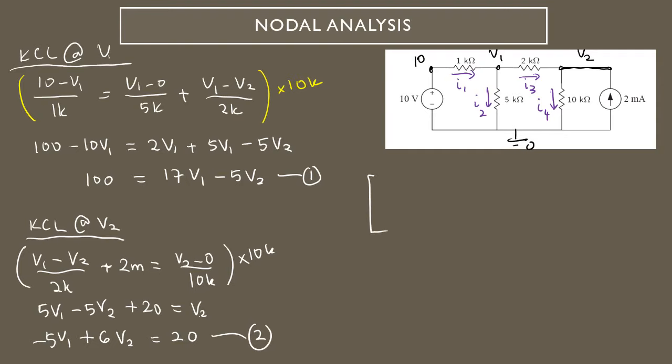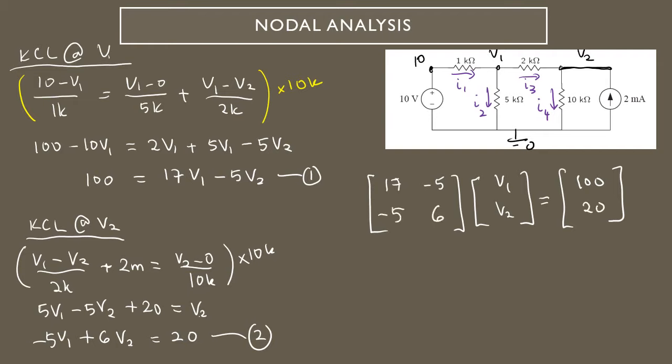Rearrange in matrix form or solve it in quadratic form. We'll have 17 here, negative 5, V1 and V2, and we'll have 100 here and 20 down there, negative 5 and 6. Okay, and V1 will be equal to, if I'm not mistaken, this value.